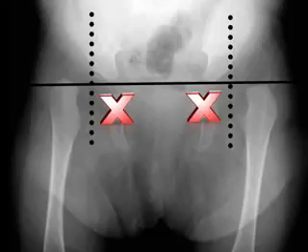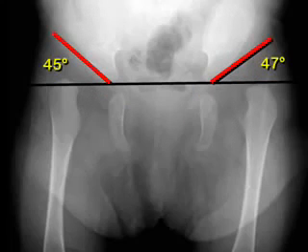In fact, the red ovals that are flashing are where the capital femoral epiphyses will appear, and they are in the upper outer quadrants, so both of these femoral heads are dislocated. If we measure the acetabular index or angle in this patient, we can also see that the angle is much greater than 20 degrees, 47 degrees on the left and 45 on the right.